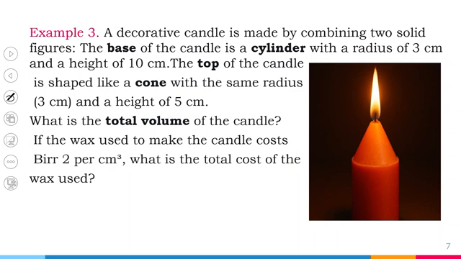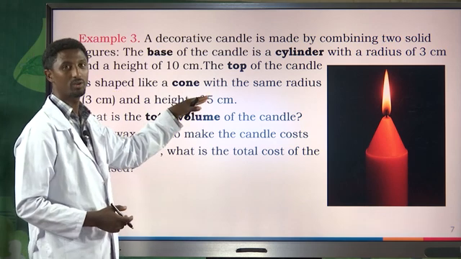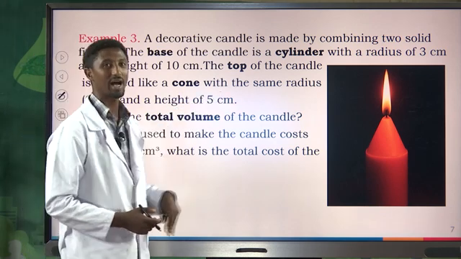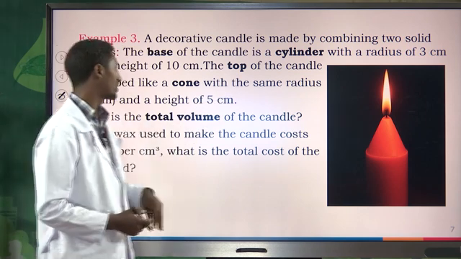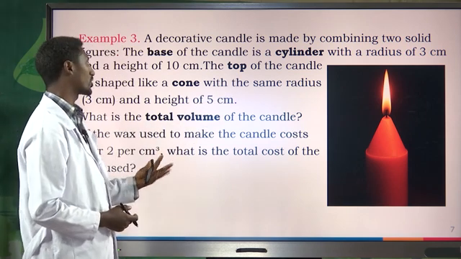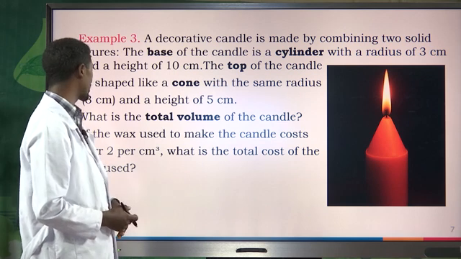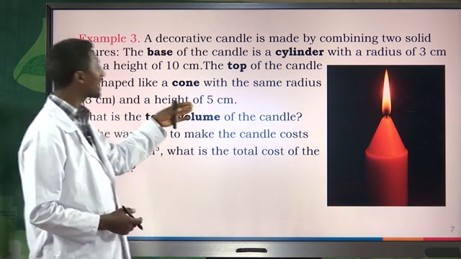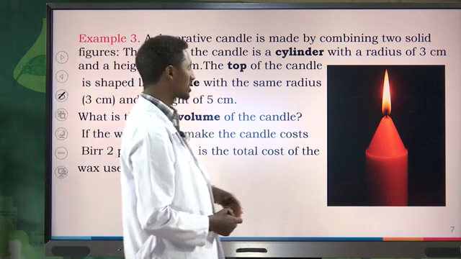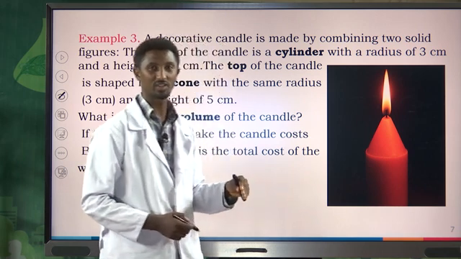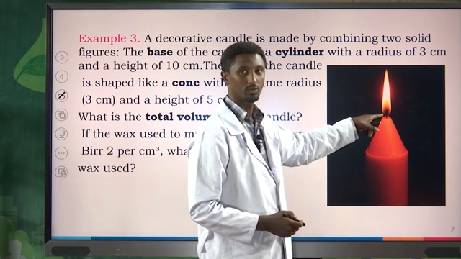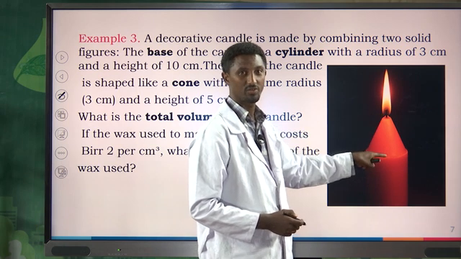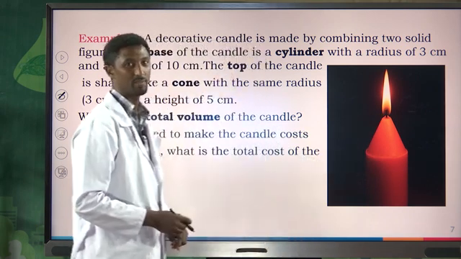And the top of the candle is shaped like a cone with the same radius. The radius of the cylinder is 3 centimeter, so the cone has also the same radius, which is 3 centimeter. And the height, the perpendicular distance from the top of the candle to the base of the candle, is 5 centimeter.